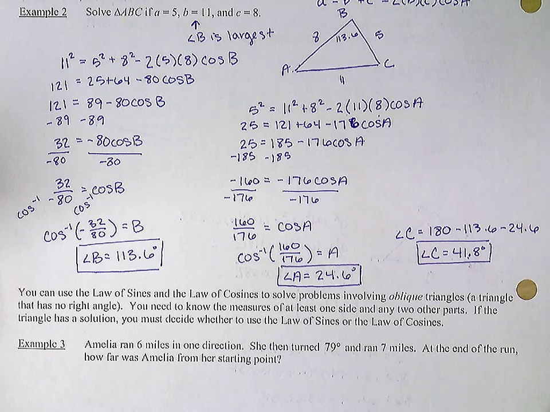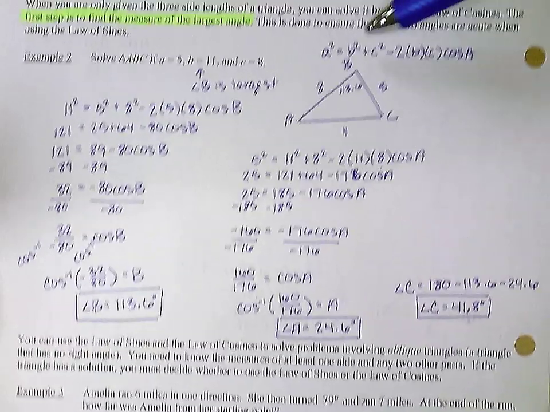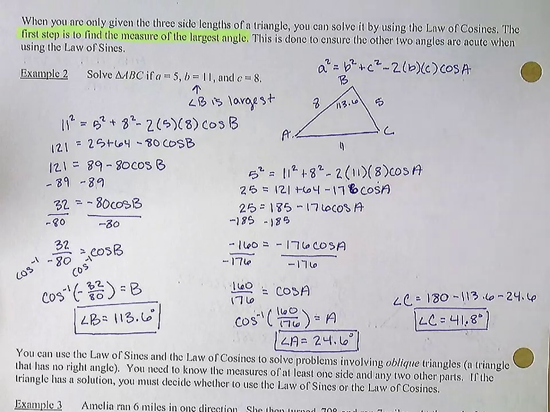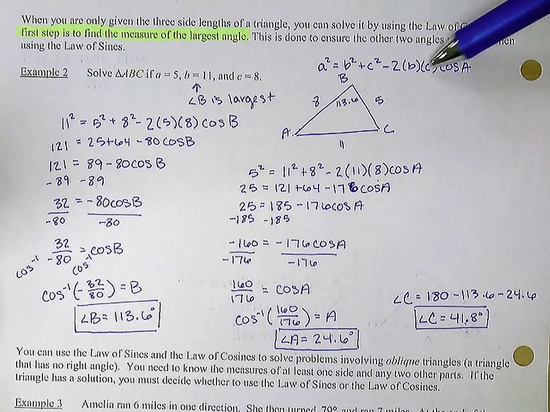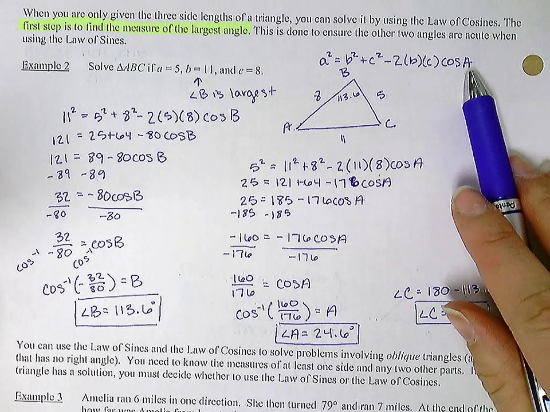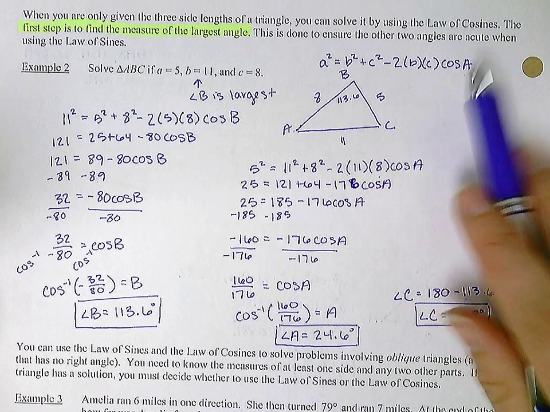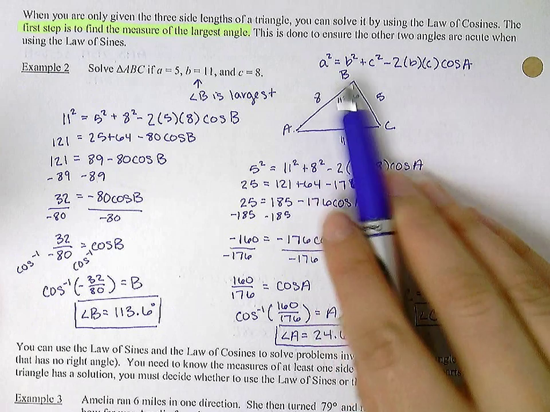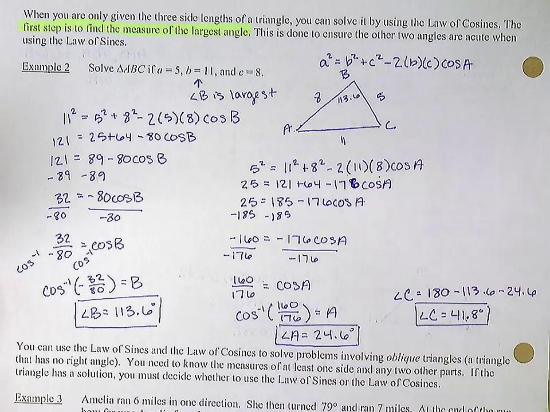They don't have to go in a specific order, so you could flip-flop C and B and you'll still get the right answer. As long as the side opposite the angle you're looking for is on the left-hand side, you can plug the other two sides into either of those spaces.